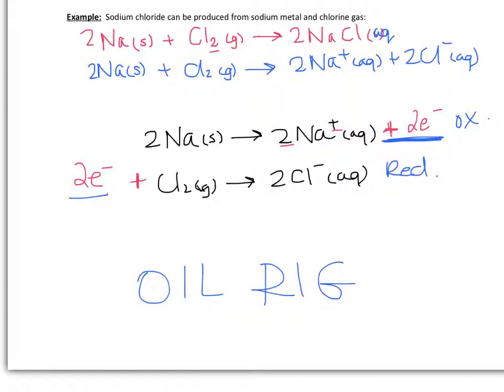Since the first half reaction is the oxidation half reaction, we also have the reducing agent. Since the second half reaction is undergoing reduction, we also have the oxidizing agent. Remember that those are always the reactants, so 2Na here is the reducing agent, and Cl2 gas here is the oxidizing agent. Change that to an A.